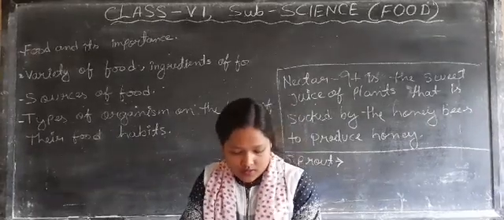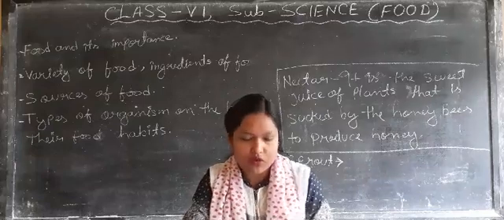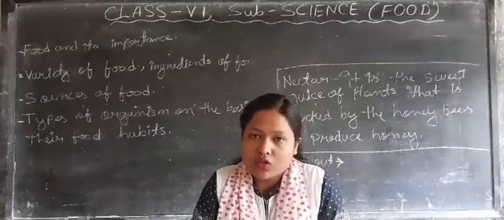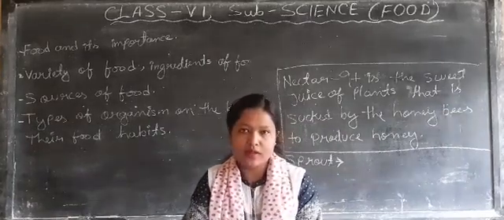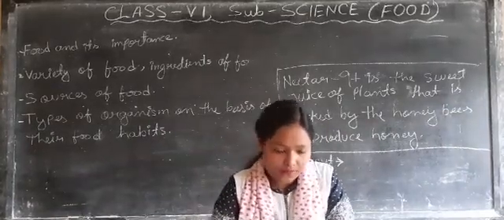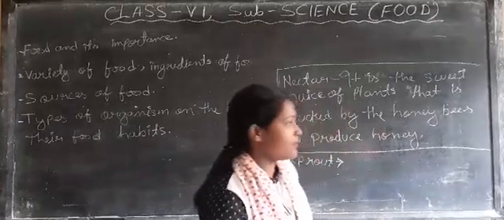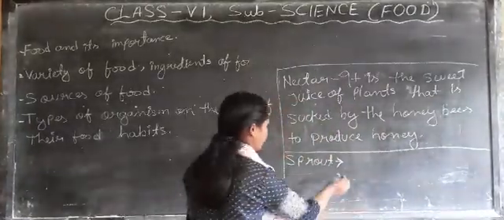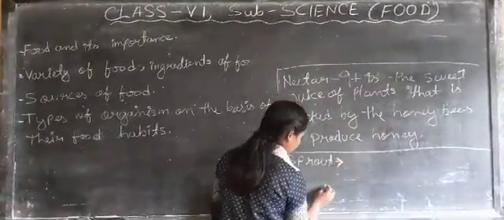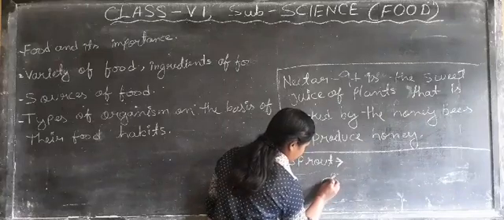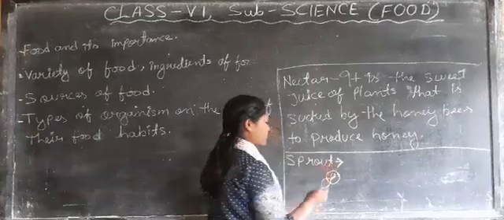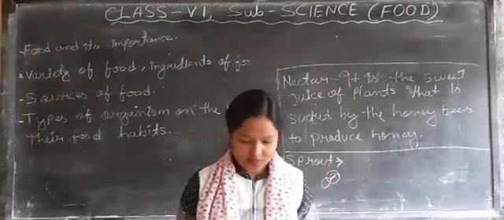We keep it for 2 to 3 days, but we have to water it at regular intervals. After 2 or 3 days, a white structure will come out of that gram. This white structure is known as sprout.